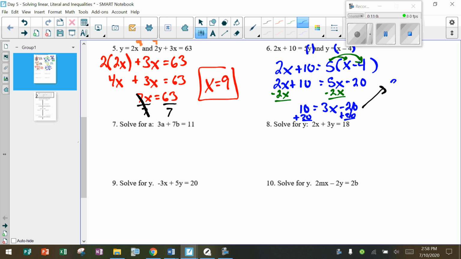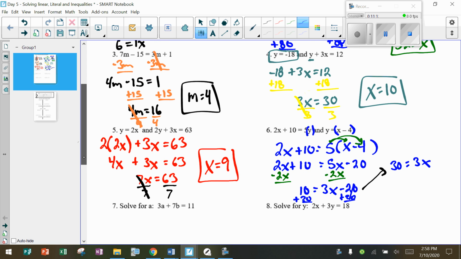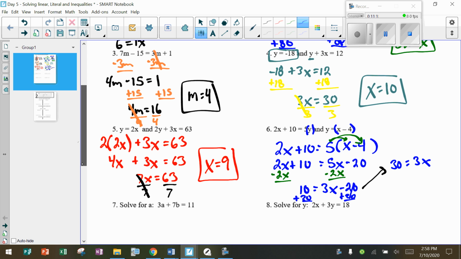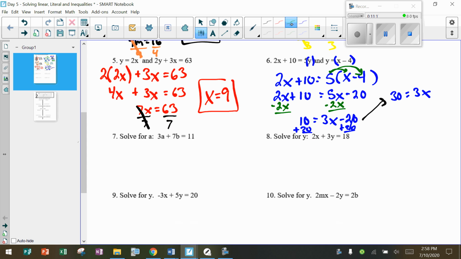And we get 30 equals 3x, just like up in number 2, which is coincidence. We had 30 equals 3x. So divide both sides by 3. And yahoo-wee, x is 10 again.